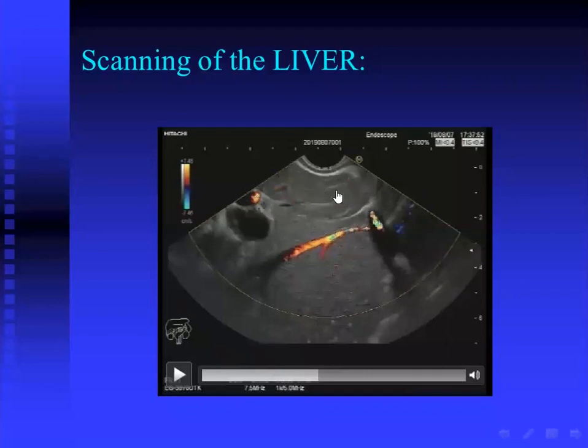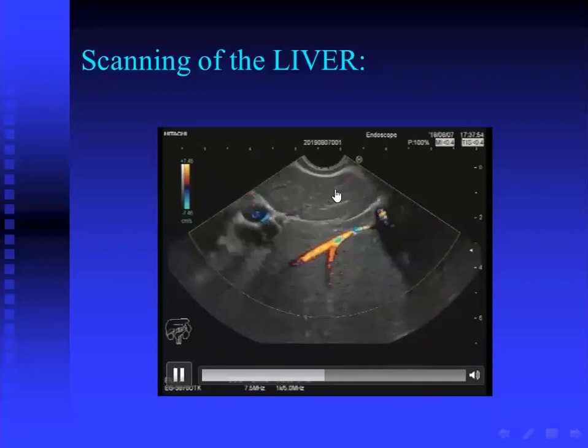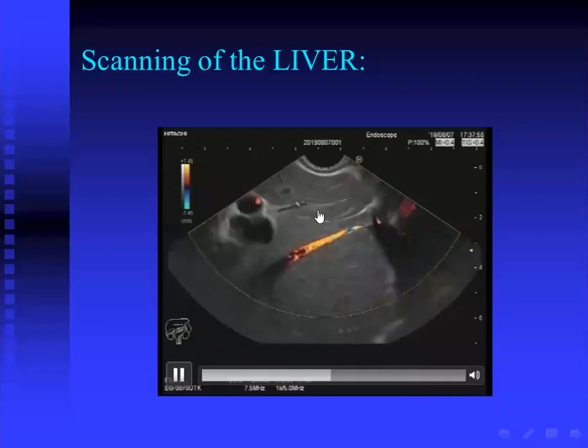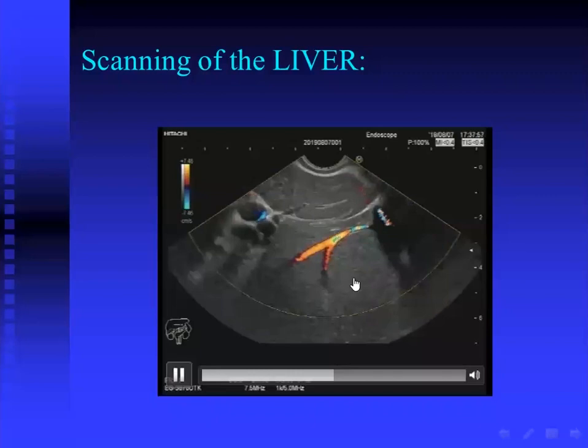And here the segment between the left portal vein and the inferior vena cava, ligamentum venosum, and the middle hepatic vein is segment 4B. And this segment is segment 8. So this is segment 1, the caudate lobe, and this is segment 4B, and this is segment 8.